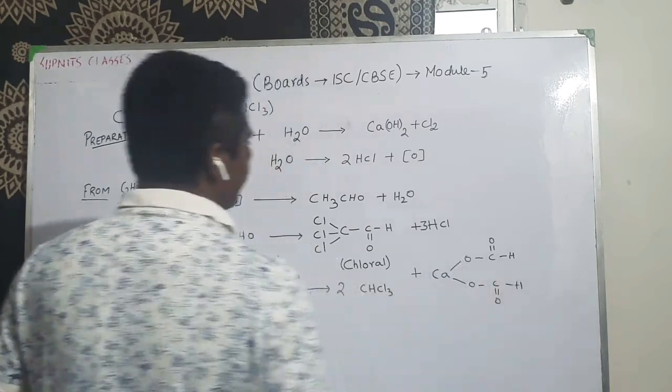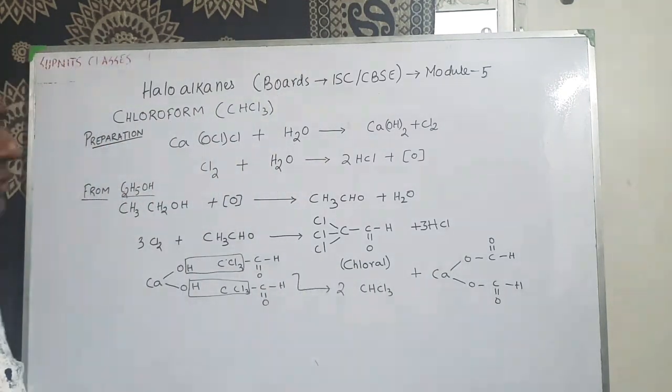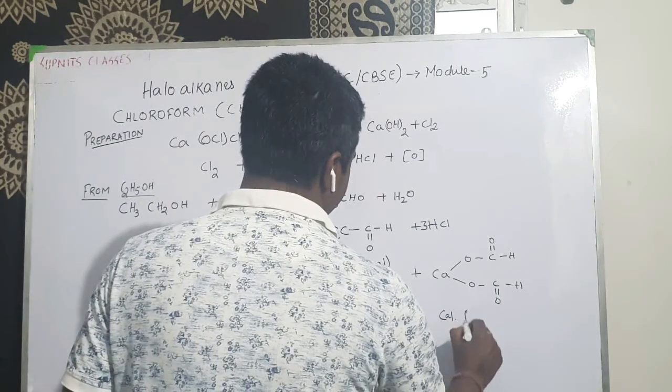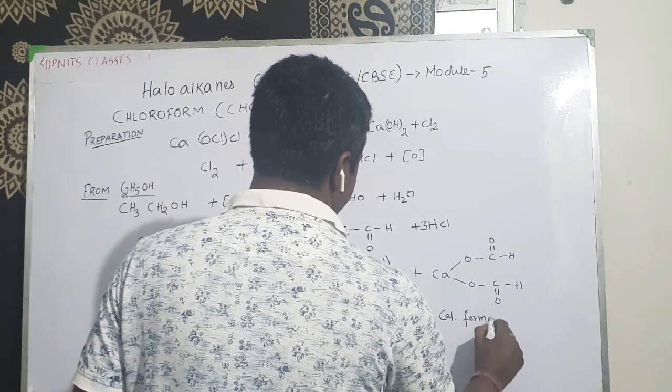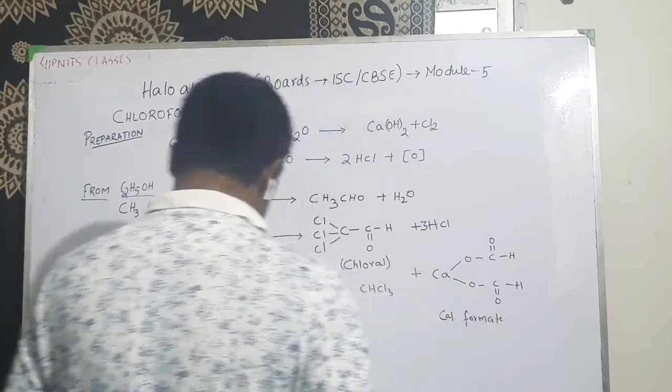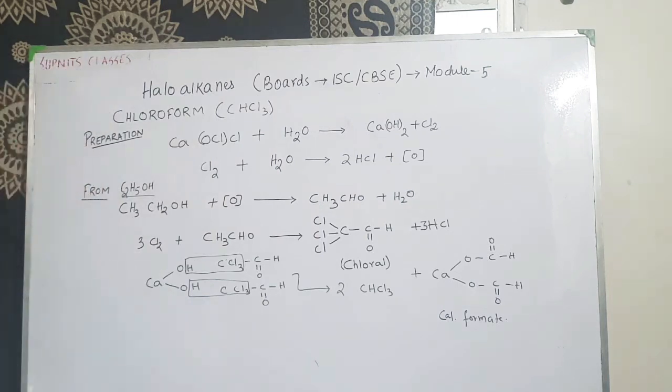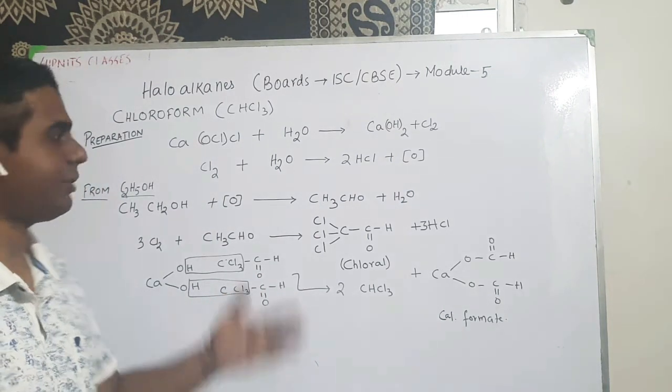Draw the structural diagram like this, it will help you to understand chemistry very easily. This is calcium formate. Okay, so this is how chloroform is prepared from ethanol.